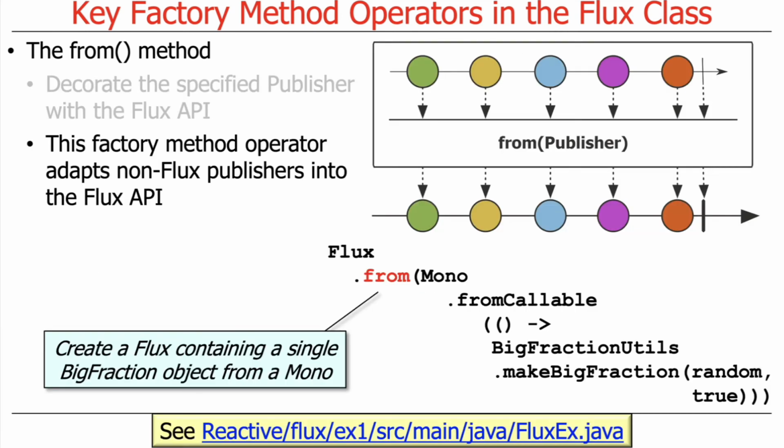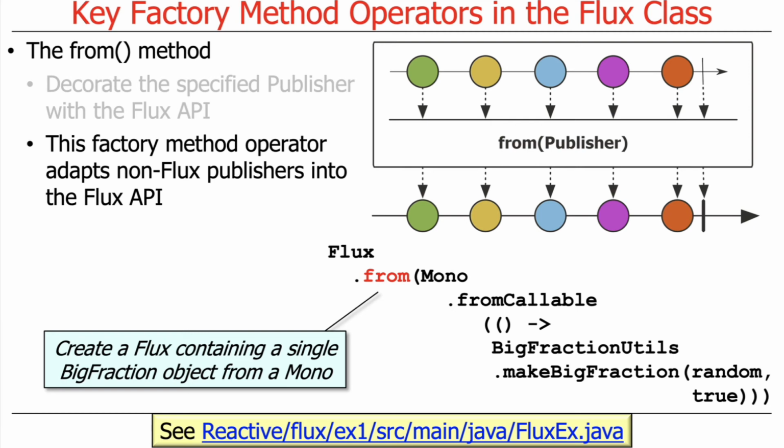Here's a way to use this. This is actually kind of a workaround for a weird quirk with fluxes in Project Reactor. This is going to create a flux that contains a single BigFraction object that's obtained from a mono. So you can see here we're going to call makeBigFraction. makeBigFraction is called from Mono.fromCallable, which is a lazy operator, and therefore that will be done in a lazy way.